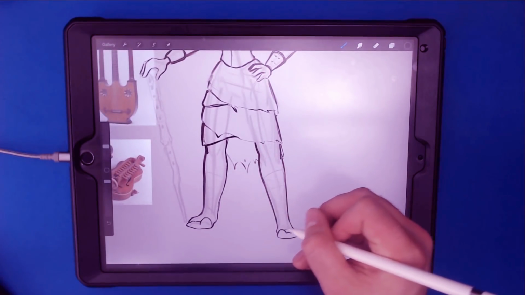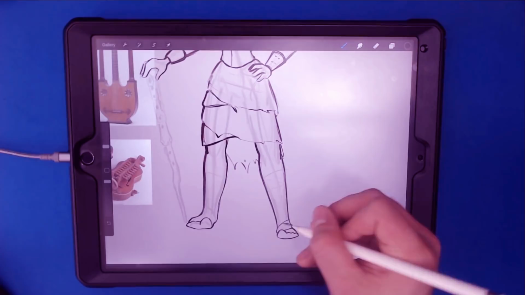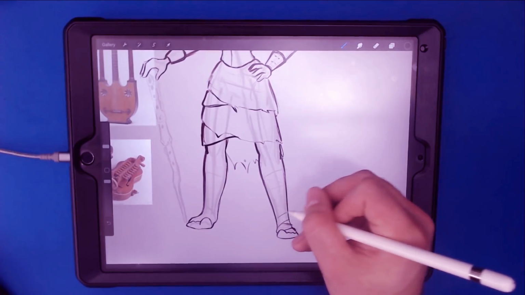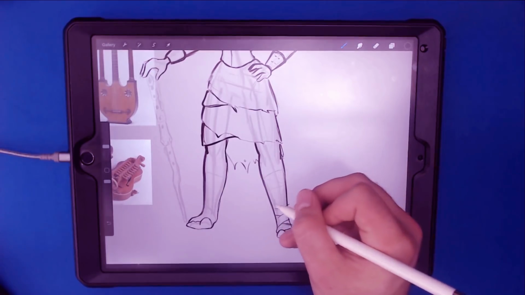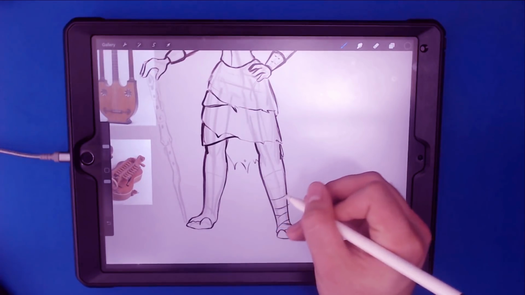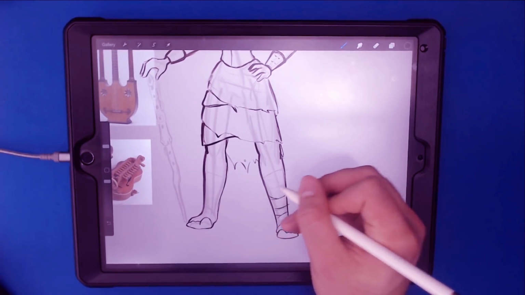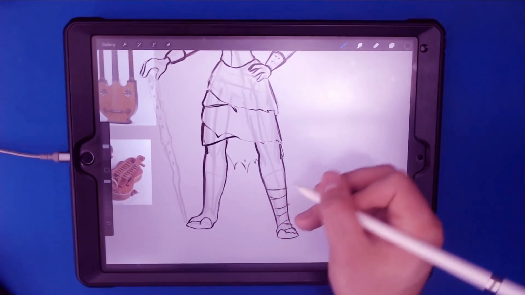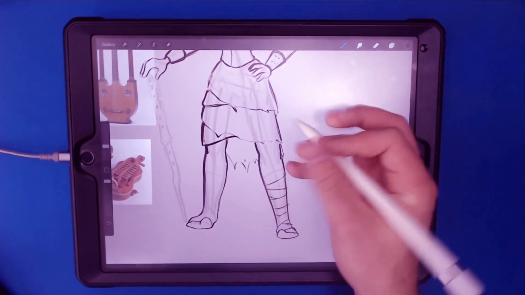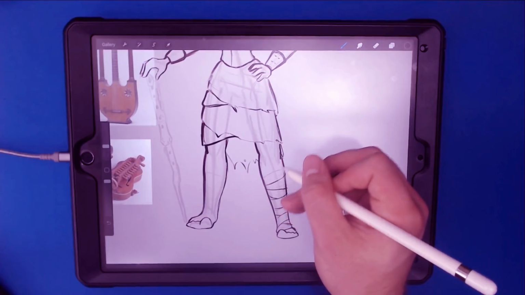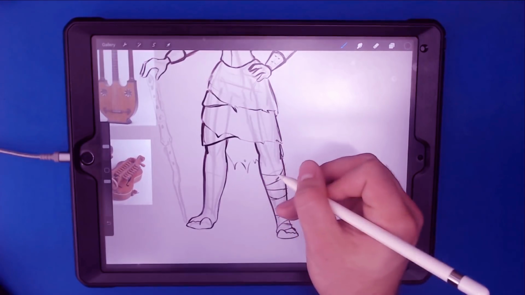Okay, we can add some wraps here. Want to make sure that we're following the forms right. Yeah, something like this.